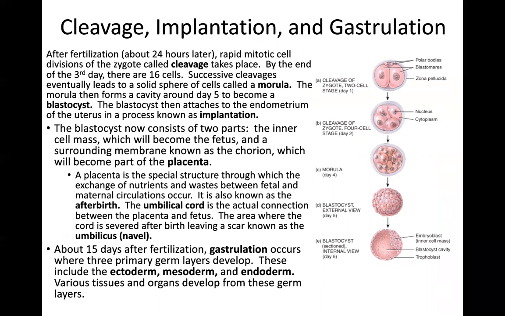Now, at this point, the blastocyst consists of 2 parts: the inner cell mass, which will become the fetus, and the surrounding membrane known as the chorion, which becomes part of the placenta. Remember, the chorion is what released that HCG, human chorionic gonadotropin hormone, that we mentioned earlier. And it becomes part of the placenta, which is a special structure through which the exchange of nutrients and waste between fetal and maternal circulations occurs.